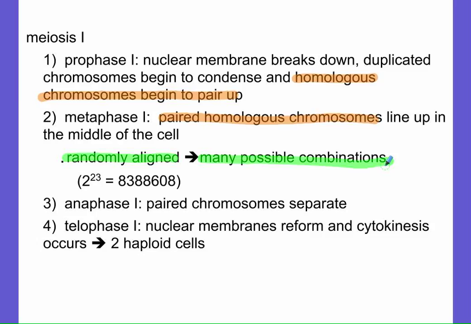There's always this random shuffling, even when it's just one person making those gametes, there are millions of combinations. This is why even offspring of the same 2 parents are always going to be very different from each other. They can't be exactly the same, unless they do happen to be identical twins.